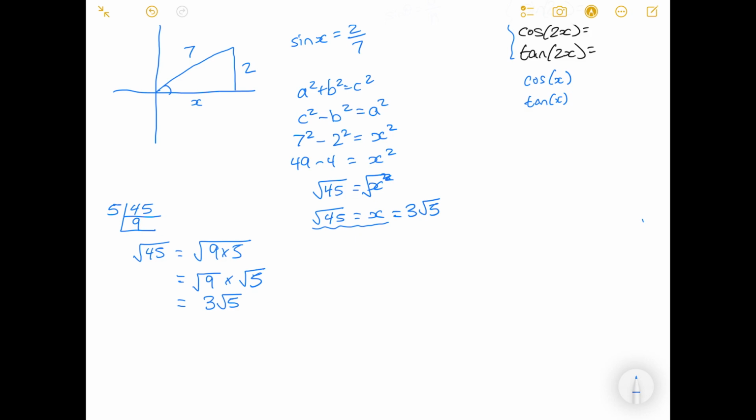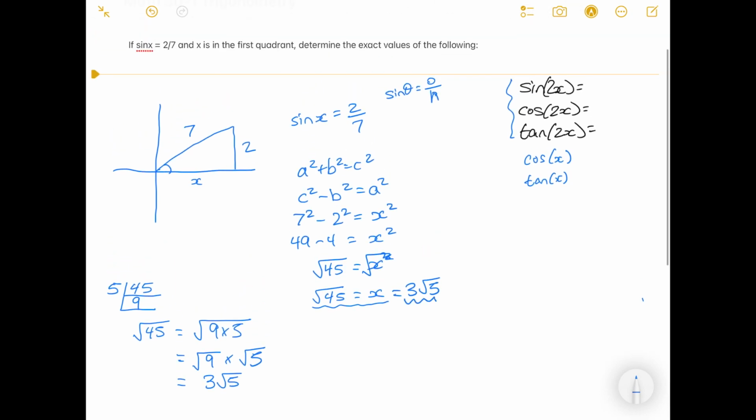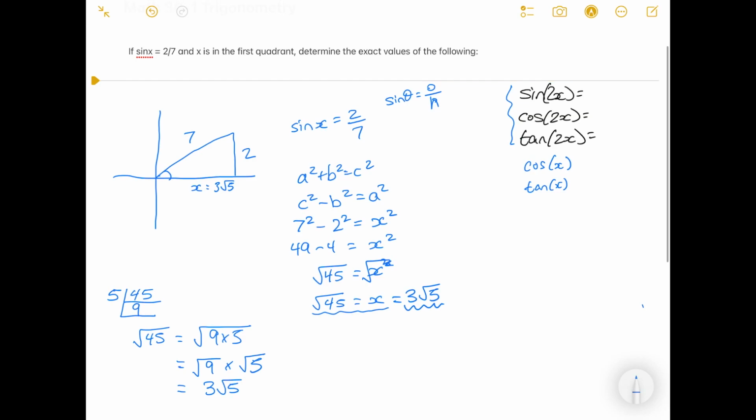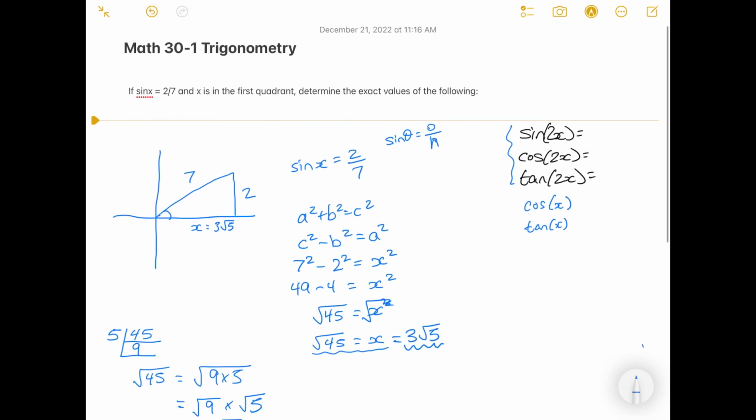Now that's just more simplified. We like more simplified in math, and that's what the question will be looking for: root 5s, not root 45s. 3 root 5. This is a bit of a review from Math 20, when we look at this mainly. A little bit maybe Math 10, but Math 20.